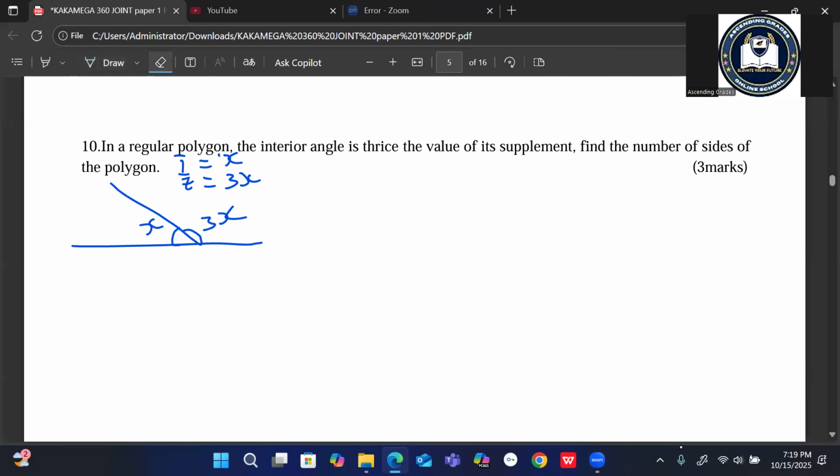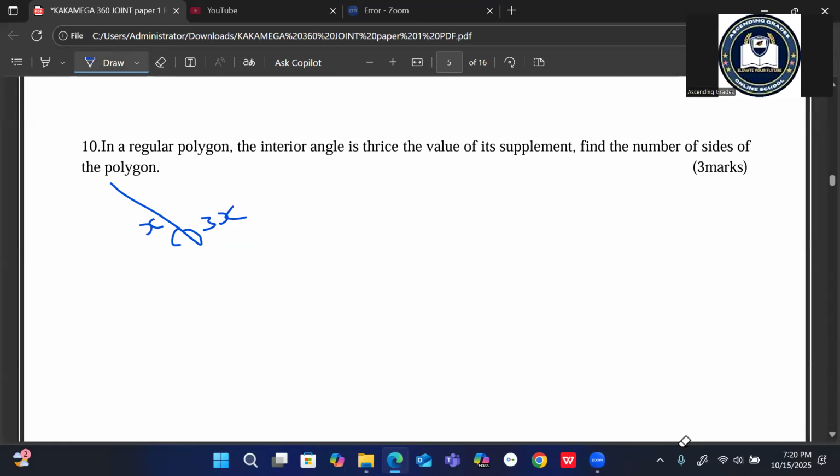So this is the information. In a regular polygon, the interior angle is thrice the value of its supplement. So if the exterior is x, the interior will be 3x.